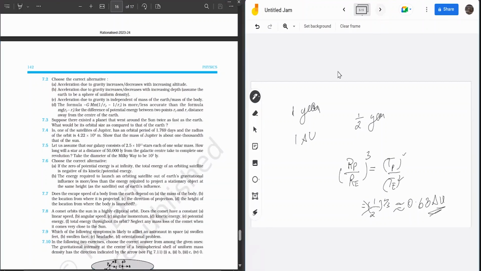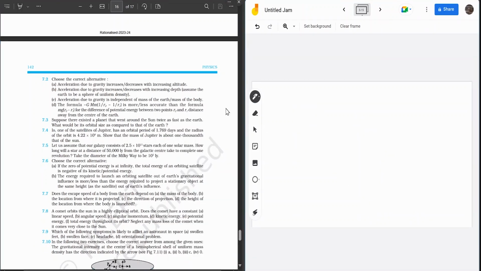Okay, so let us see. Orbital period is 1.769 days, so this can be written in seconds as 1.769 into 24 into 60 into 60.